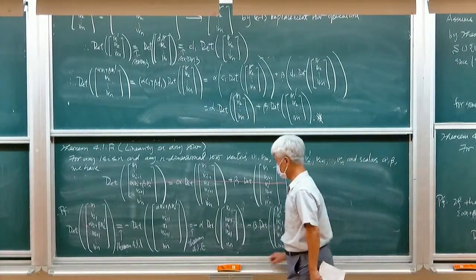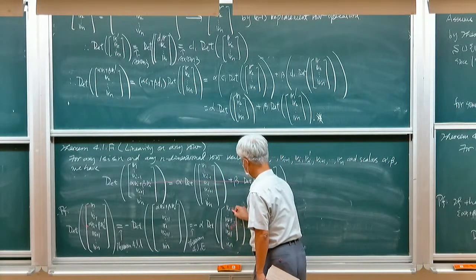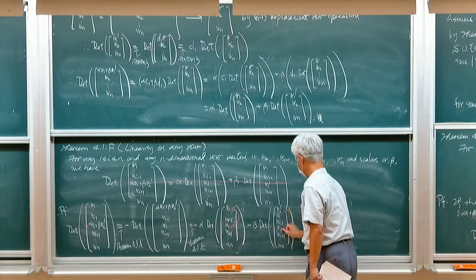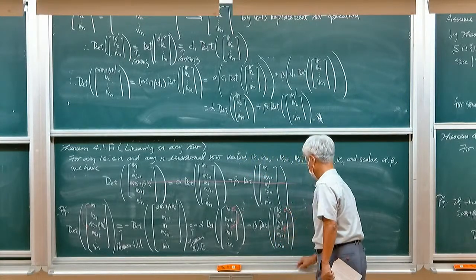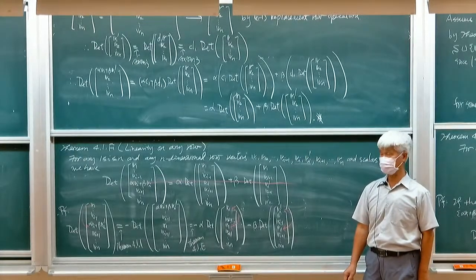And now again you swap the ith row and the first row again. When you swap them again, you change the sign again.